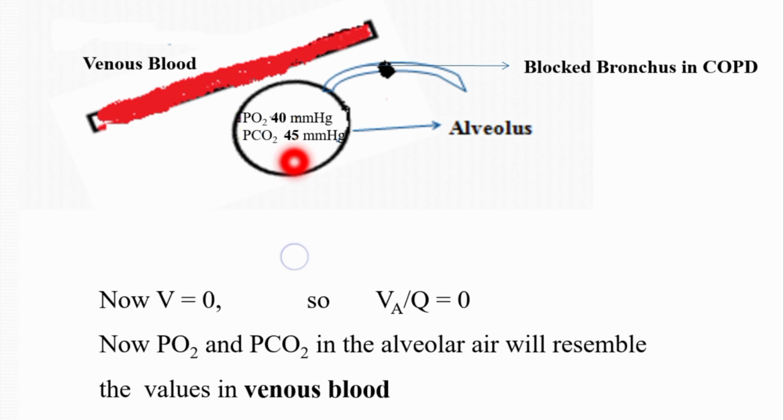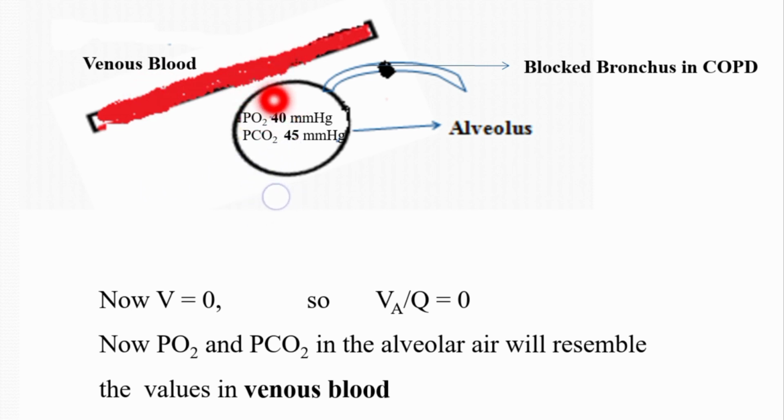Now in these conditions, what will be the value of PO2 and PCO2 in the alveoli? We can easily predict that the values of PO2 and PCO2 in the alveolar air will resemble the values in the venous blood, because the blood flow is there, but air is not coming from the outside because of obstruction in the airways. So there is no air, but blood is coming here.